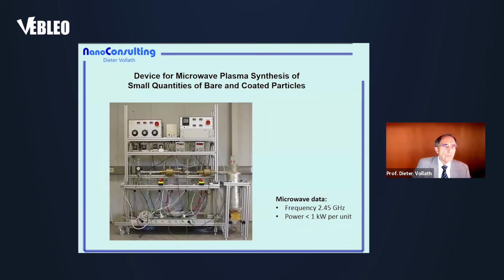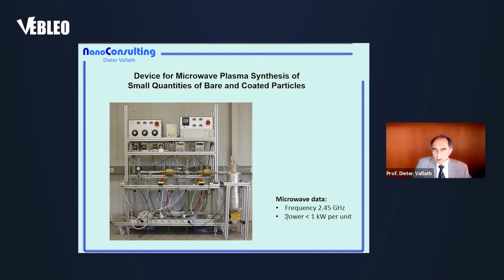What does a complete equipment look like? Here we have the synthesis of the core particles. Here is the coating step, and here is the collection of the product.